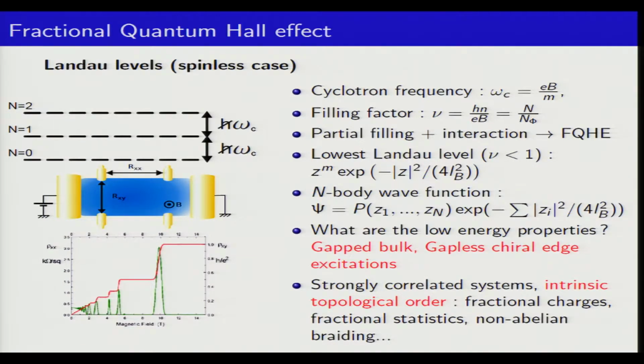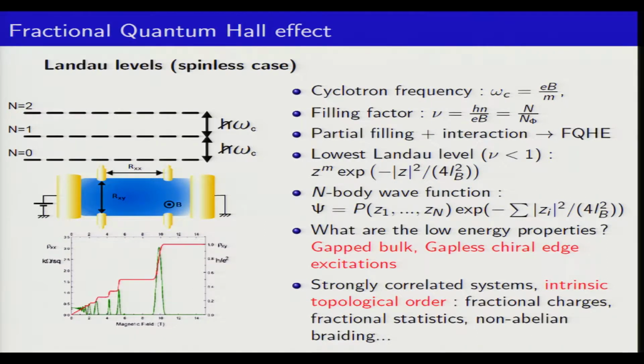With all the warnings that Duncan just gave you, it's convenient to work within the lowest Landau level and using the symmetric gauge. So the one-body wave functions are just z, which is the electron coordinate x plus iy, to the power m, which is just the angular momentum in that case, times the Gaussian weight that gives you this fuzzy shape.